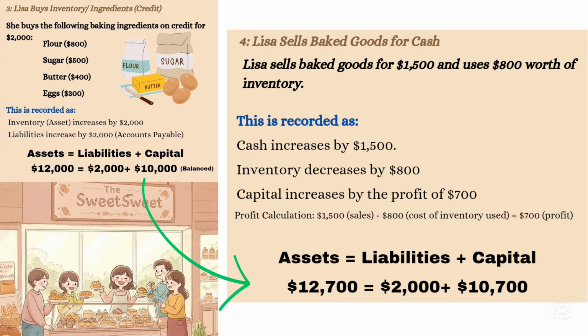Now, as you can see, this transaction will most likely bring about a profit, since $1,500 from sales minus $800, which is the cost of inventory used, equals $700 profit. So capital increases by the profit of $700.